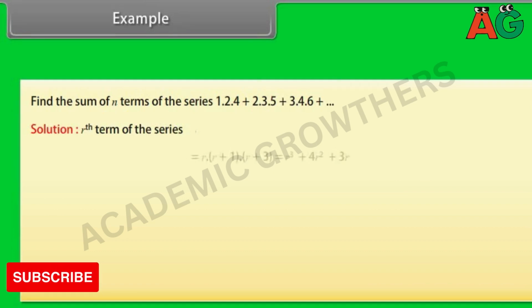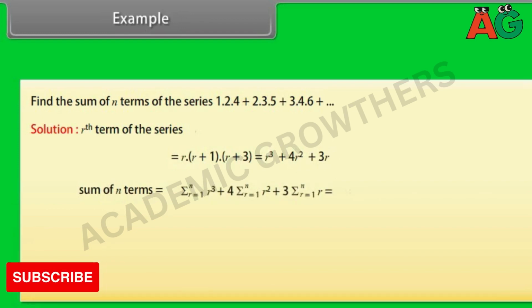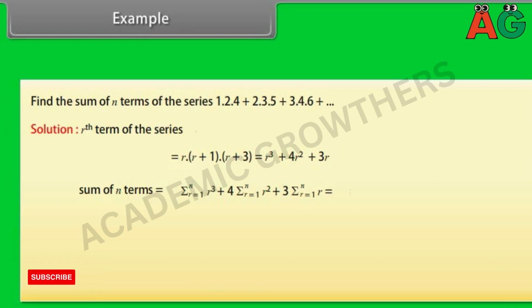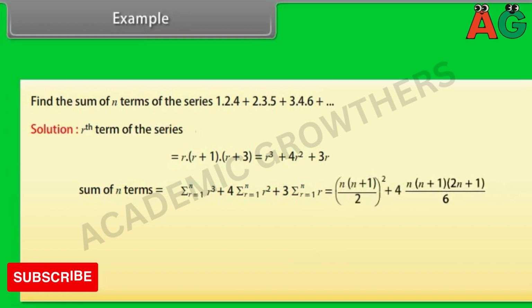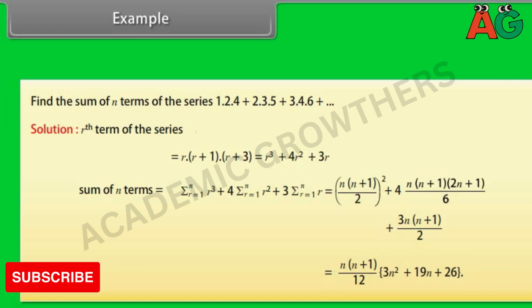The rth term of the series is equal to the sum of n terms equal to summation from r equal to 1 to n of r cube plus 4 times summation from r equal to 1 to n of r square plus 3 times summation from r equal to 1 to n of r, which is equal to... On solving, we get n into n plus 1 by 12 multiplied by 3n square plus 19n plus 26.